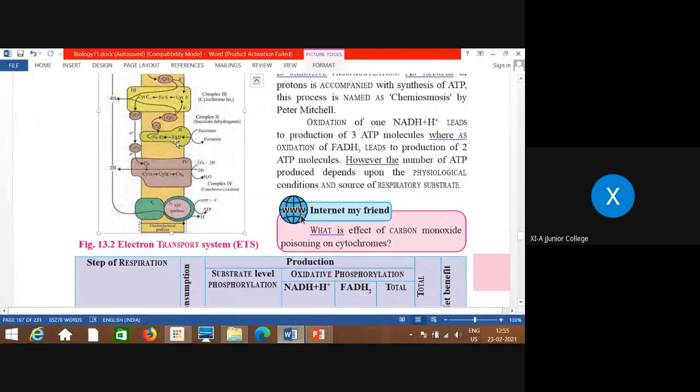Here you can see that when FAD is oxidized and then transferred, the electrons are carried and accepted by cytochrome C, first via ubiquinol and then to cytochrome C. So here also the same thing, but the first acceptor is ubiquinol, whereas there it is FMN.